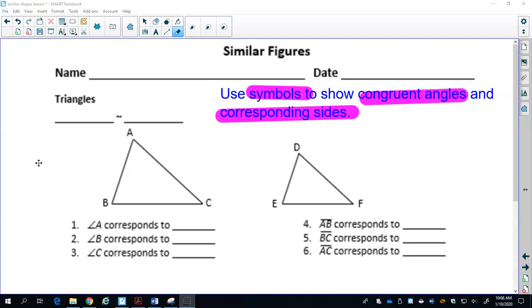You can just use the symbols if you like, or you can use both so that you can fill in these answers. So for example, if you know that A corresponds to D, you need to use the curved line to show corresponding angles. And you also need to give me the name of the shape. So this would be triangle ABC is similar to triangle DEF.